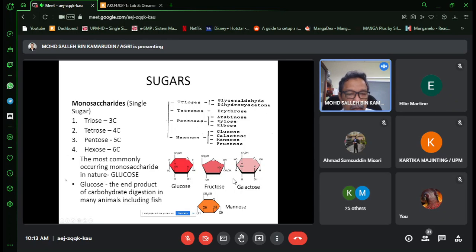The most commonly occurring monosaccharide, just one single sugar, is glucose. Glucose is also the end product of carbohydrate digestion. When you digest carbohydrates, the end product is always glucose, and glucose will be absorbed by the body.